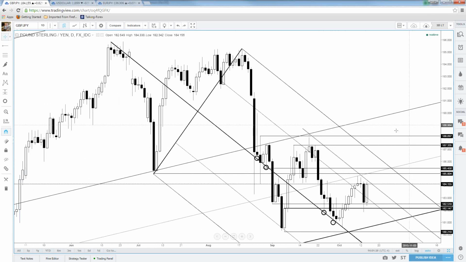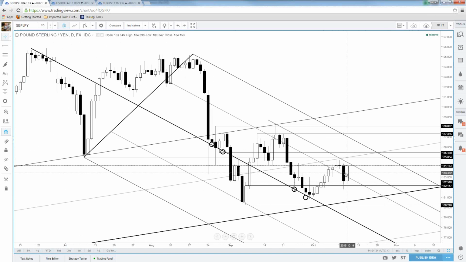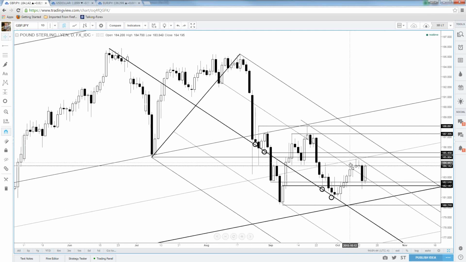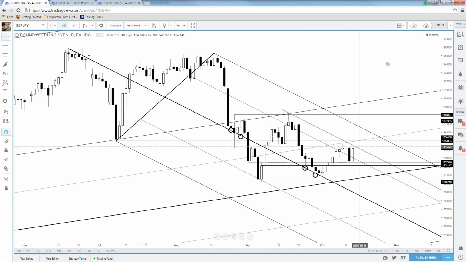So I'd watch pound yen in conjunction with pound dollar. This move here on pound yen's taken us right back to the sliding parallel. You could end up seeing resistance at some point if we rip higher up on this line somewhere. So it's nothing in the immediate future, at least I don't think so.